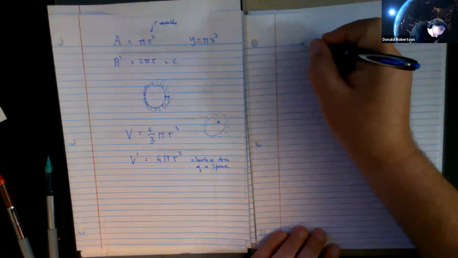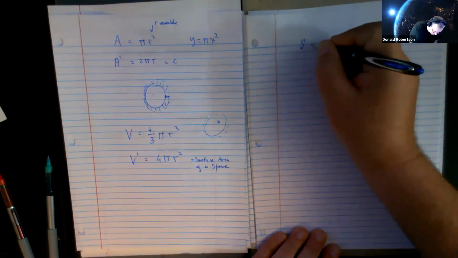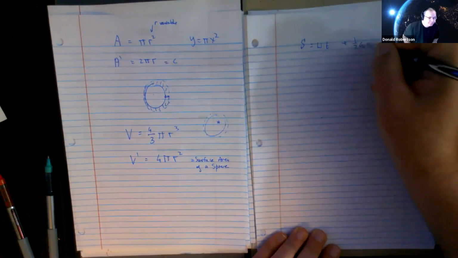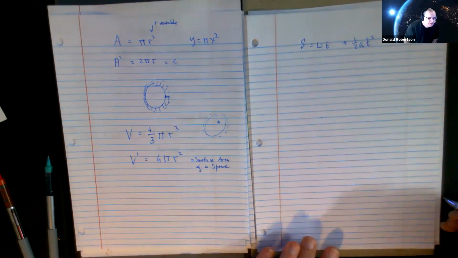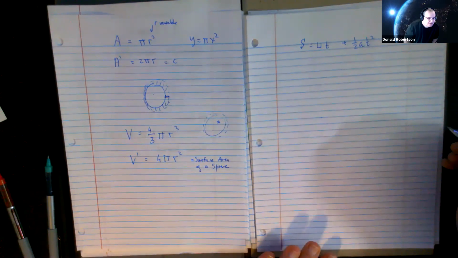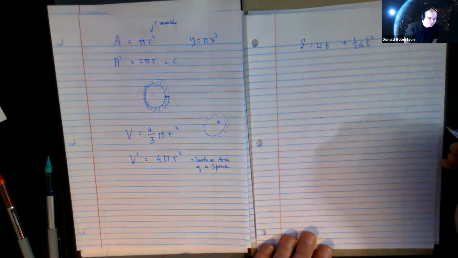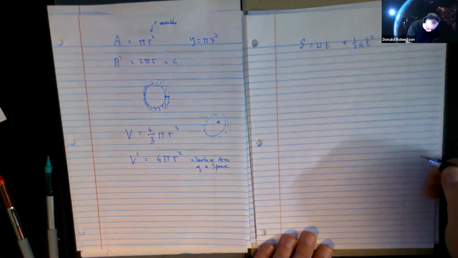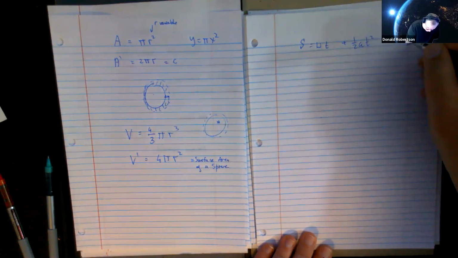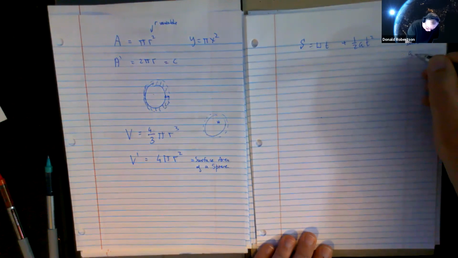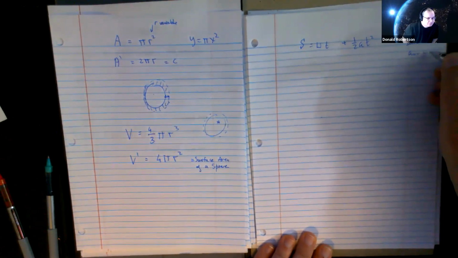Does anybody know this formula? Anybody seen a guy like that? It's the formula for the distance traveled in time t, so t is a variable, where the initial velocity is u and acceleration is a.